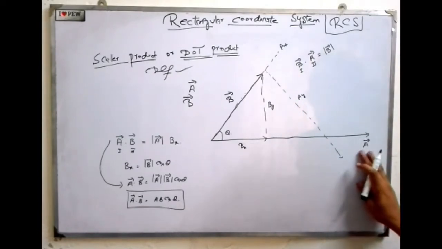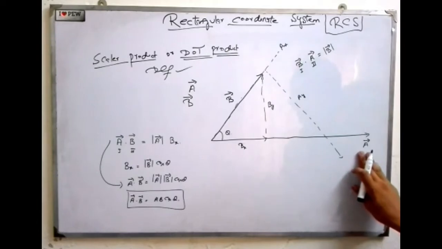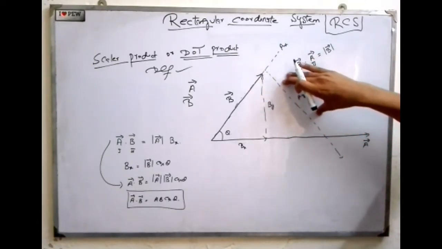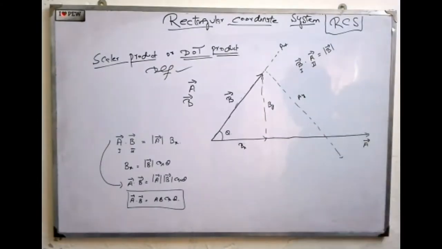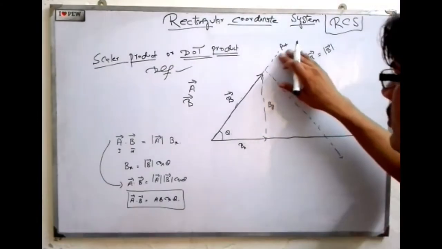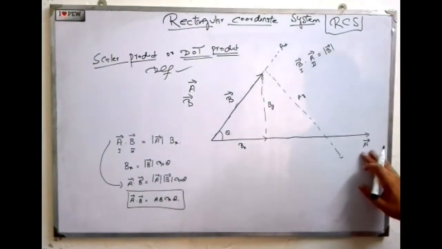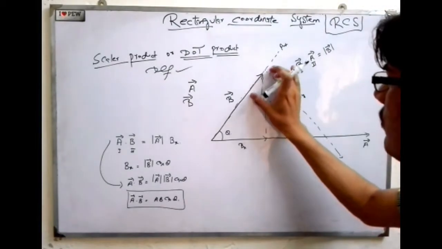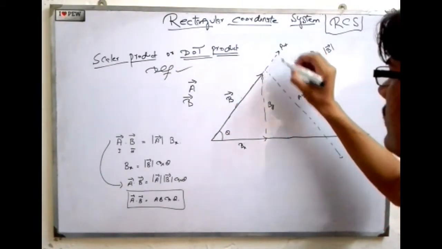Here, the Ax component of this vector is the component which is in the direction of the B vector.